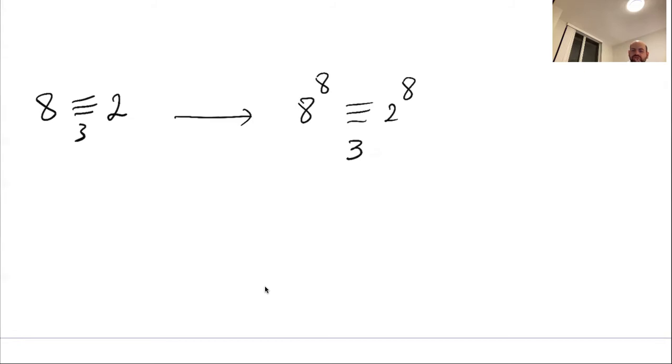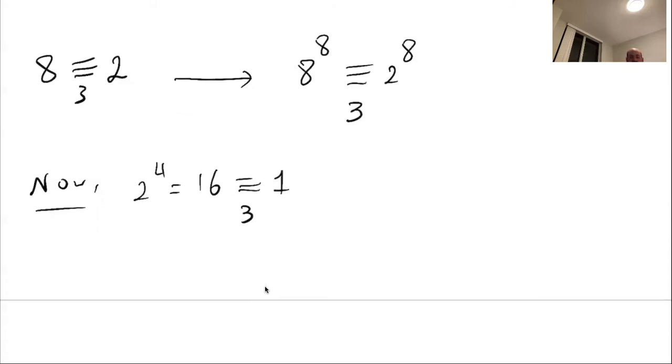In order to reach 2 to power 8, I start with 2 to power 4, which I know is 16 and has remainder 1, and then raise it to power 2 to get 2 to power 8. So 2 to power 4 equals 16, congruent to 1 mod 3, right? The remainder of 16 when divided by 3, of course, is 1.